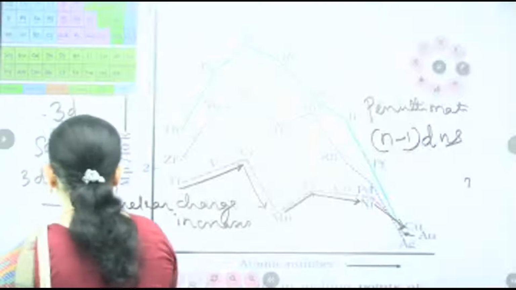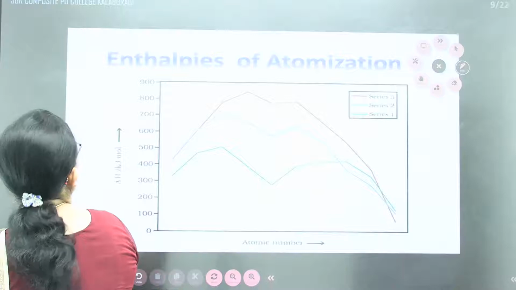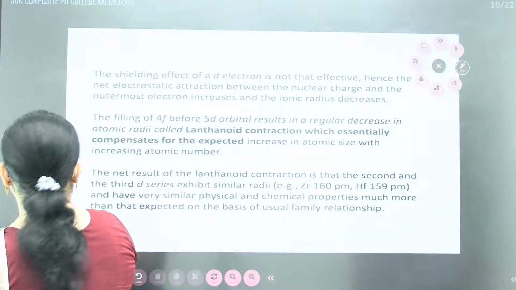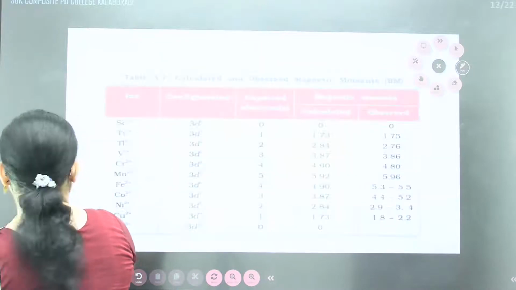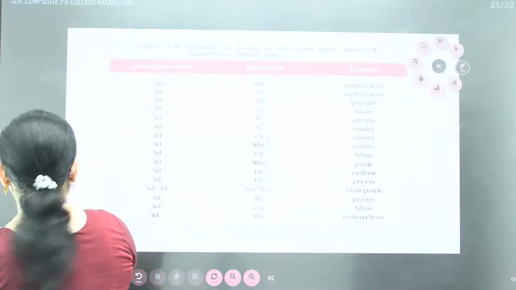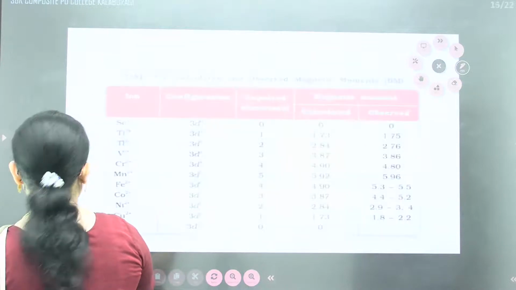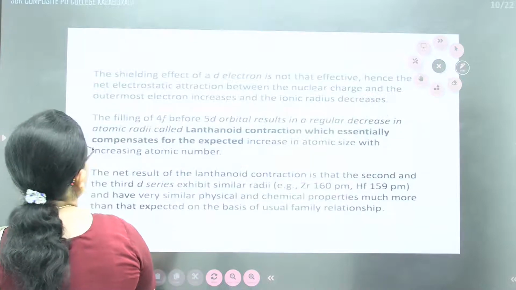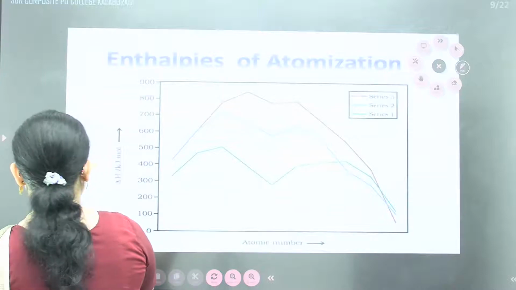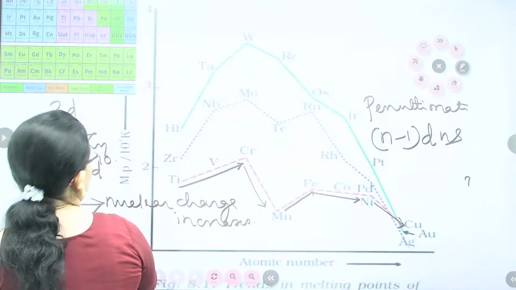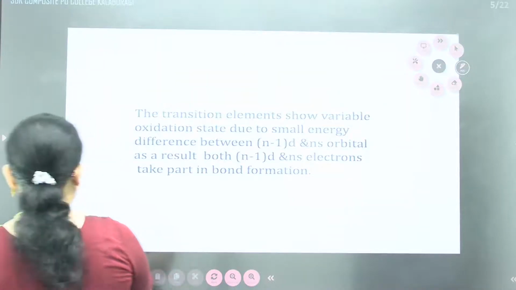When we are dealing with the electronic configuration, as we said, when moving across the period, the atomic size should decrease.